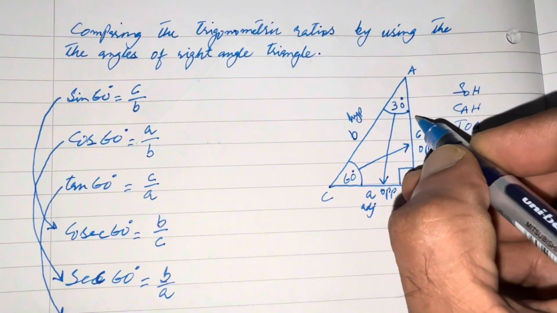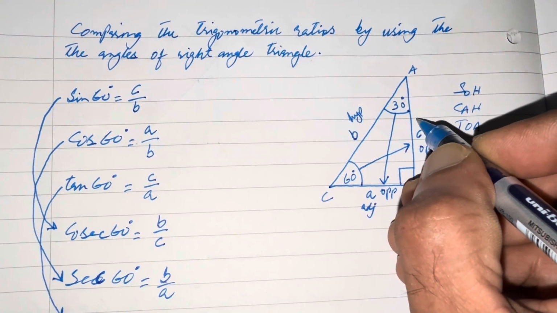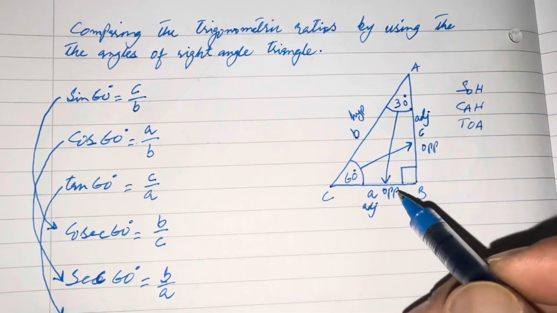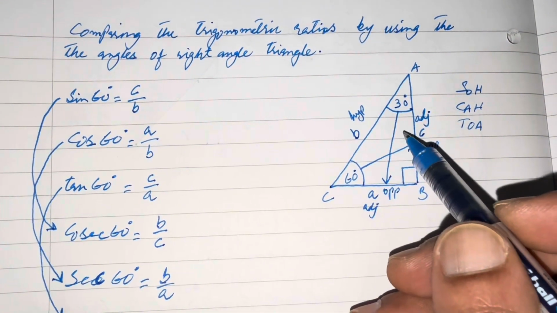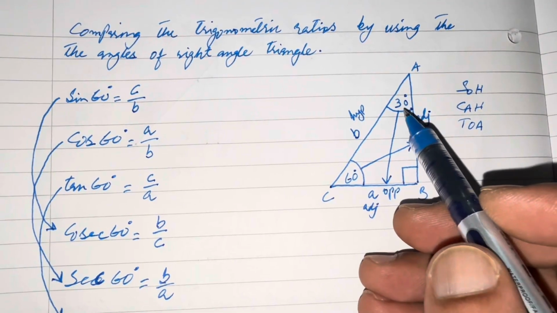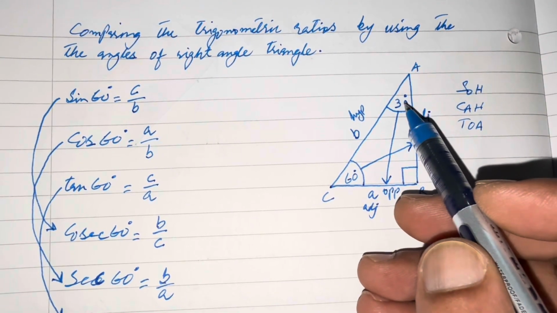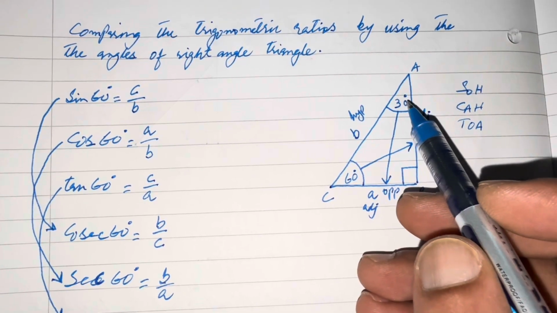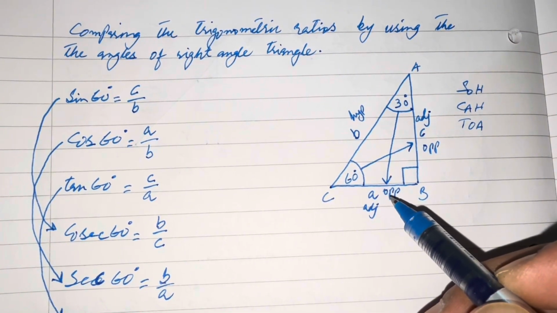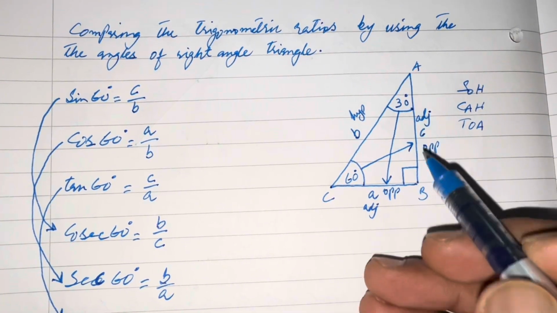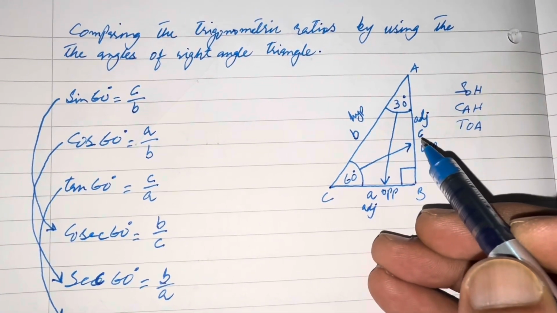So that will be the adjacent side. So now we are going to find the ratios with respect to 30. The first ratio, sine 30: what will be the ratio of sine 30? The opposite side is BC, or you can say a, and the adjacent side is AB, or you can say c.